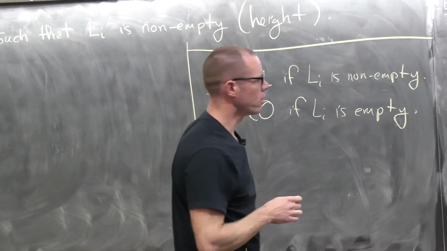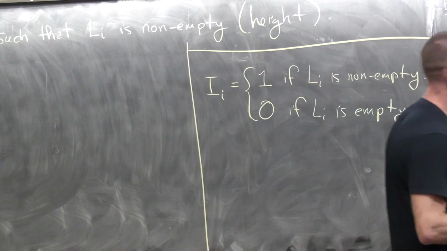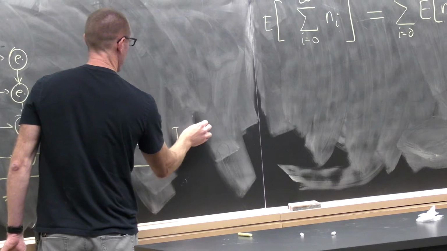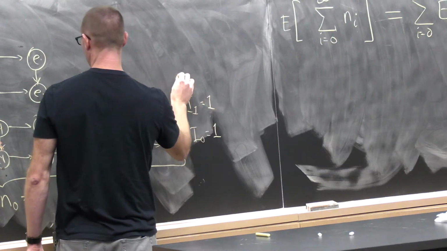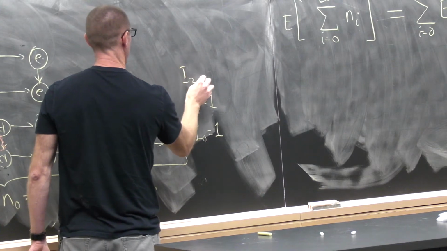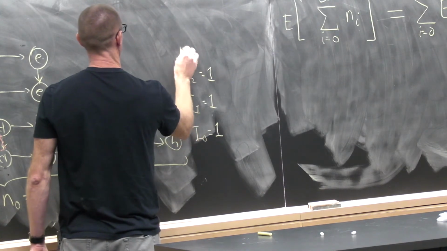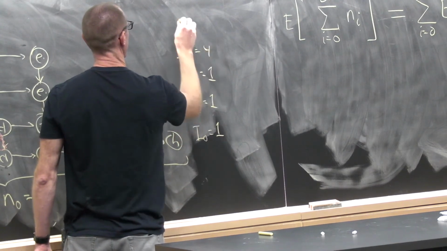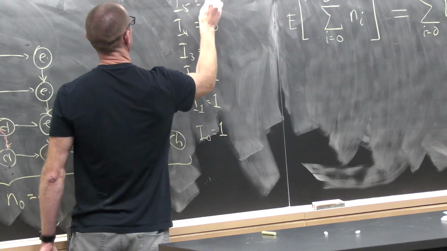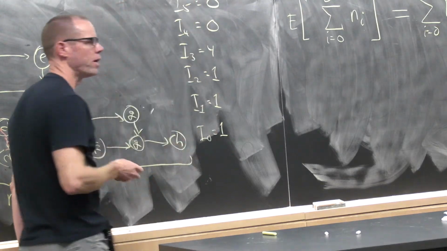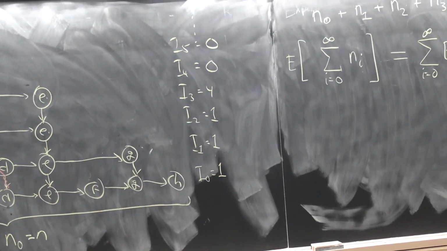Okay. So in this example here, we have I sub 0 equals 1, I sub 1 equals 1, I sub 2 equals 1, I sub 3 equals 1, I sub 4 equals 0, I sub 5 equals 0, and it's a big stack of zeros after that.